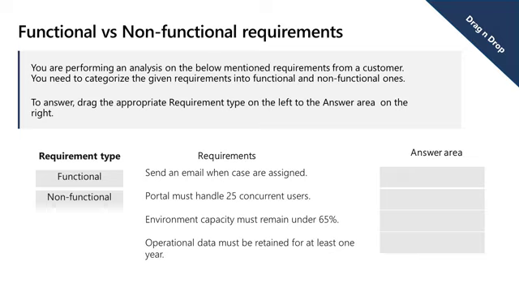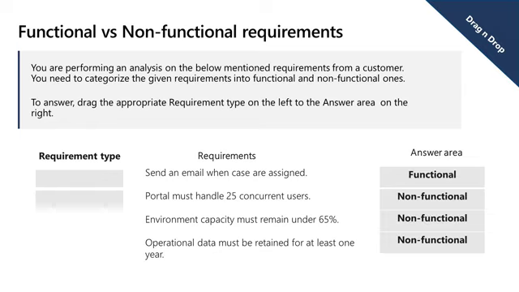This is again about the capacity, so this is not a functional requirement. You will drag the non-functional box for this third requirement. And for the fourth requirement, operational data must be retained for at least 1 year. Again, this is a non-functional requirement. So the answer will be functional, non-functional, non-functional, non-functional.